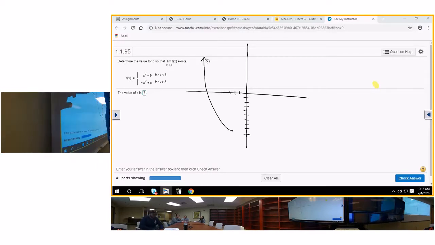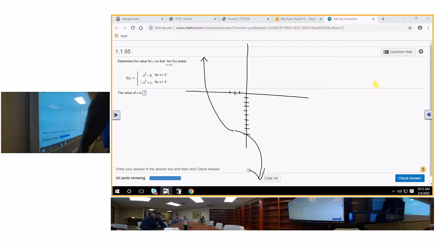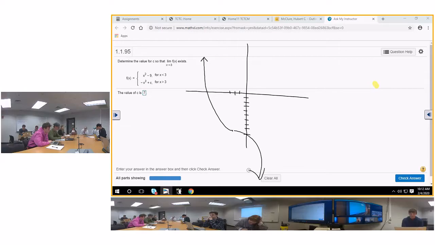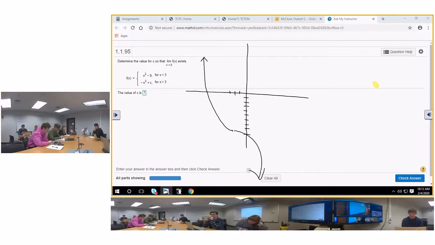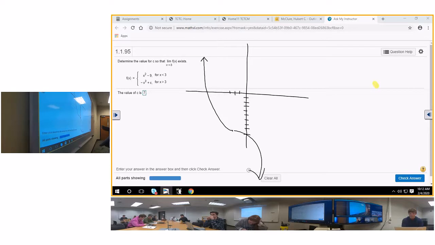And negative x squared plus c, x is greater than 3. Negative x squared would look like that. Well, there's the answer. The answer should be 9, because that's the vertical shift. Everybody see what I'm saying? The answer should be 9. See? It's less than 3 with the open circle on the graph.